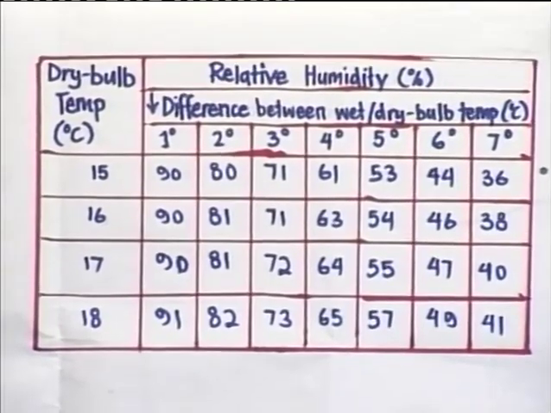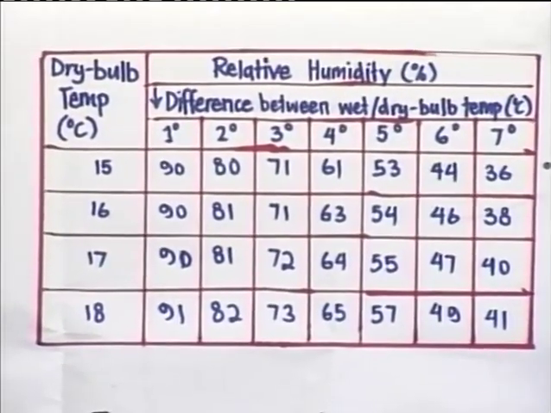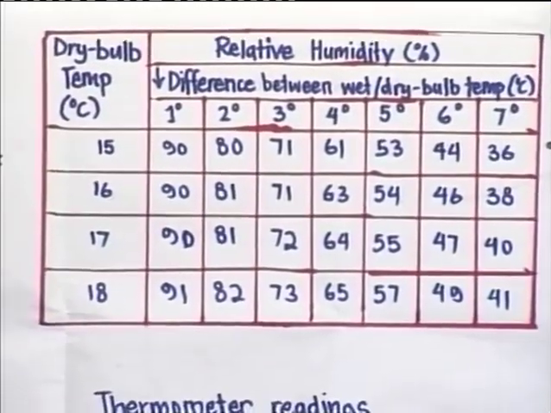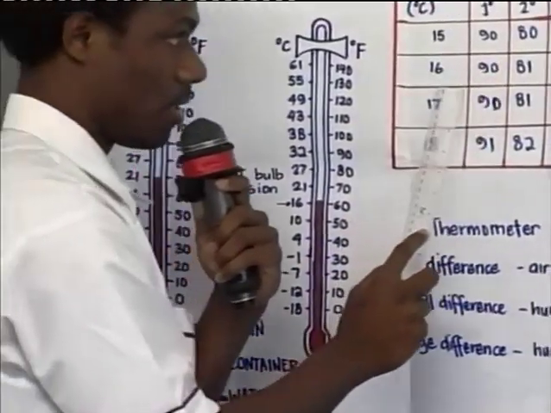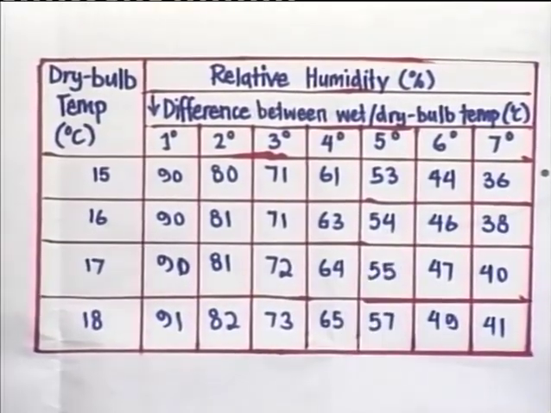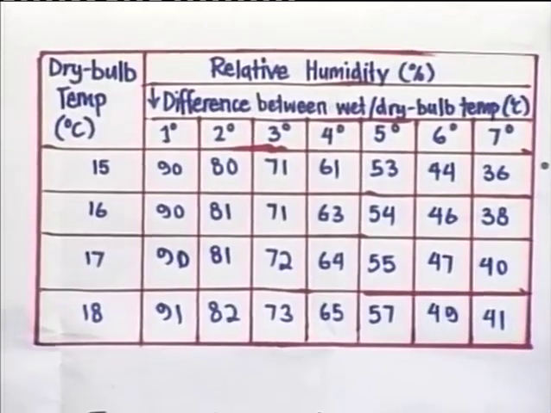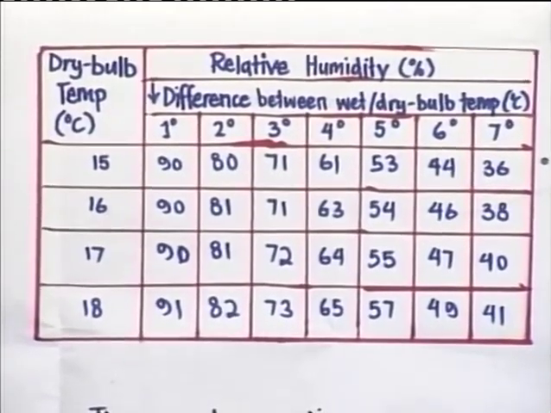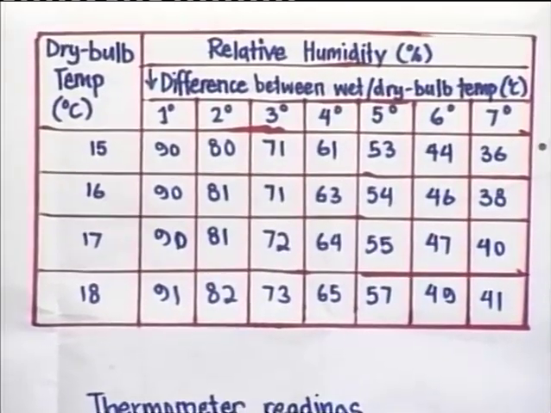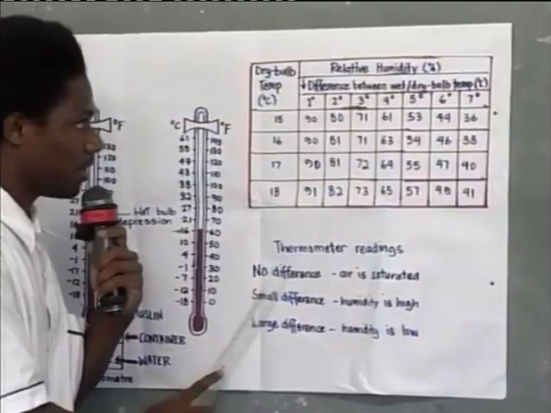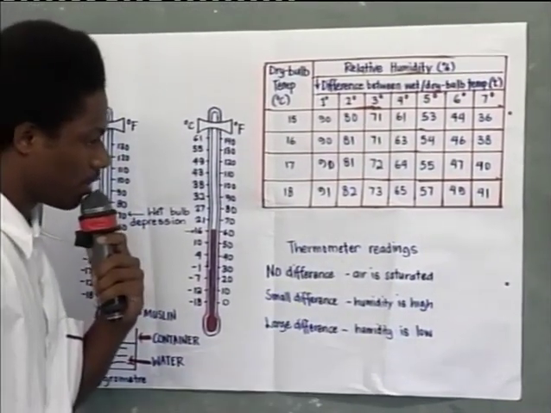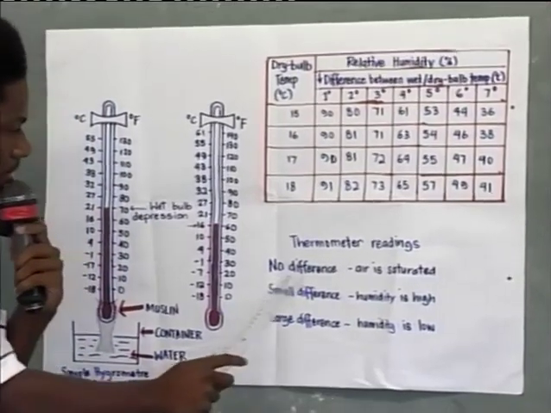The dry bulb temperature is 16 degrees. So you look across the table and then you come under 5 degrees Celsius and you get 54. 54 percent, sorry, 54% for the humidity.